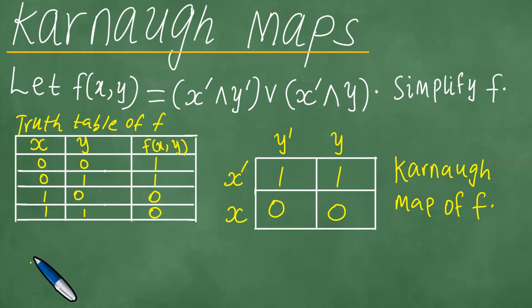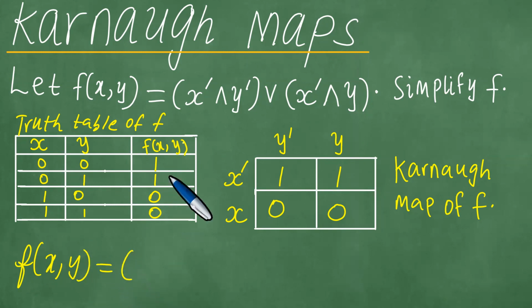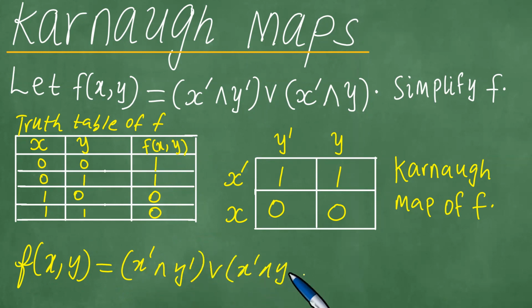And this Karnaugh map of f then means that we can write the function x and y. From the top here, we were given the Boolean function x primed y primed, or x primed y. And this Boolean function has particular symbolism.